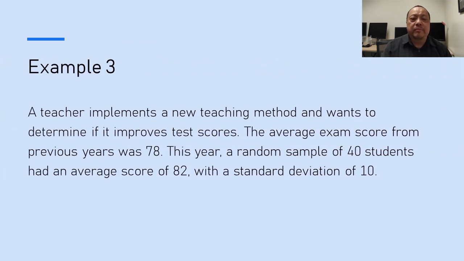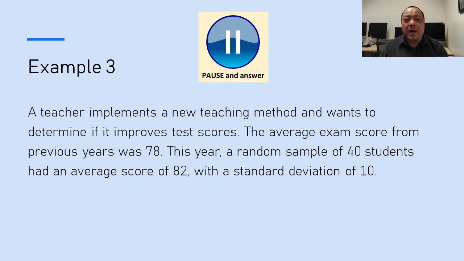Example 3. A teacher implements a new teaching method and wants to determine if it improves test scores. The average exam score from previous years was 78. This year, a random sample of 40 students had an average score of 82, with a standard deviation of 10. Is this a confidence interval or hypothesis testing? Press pause to answer.